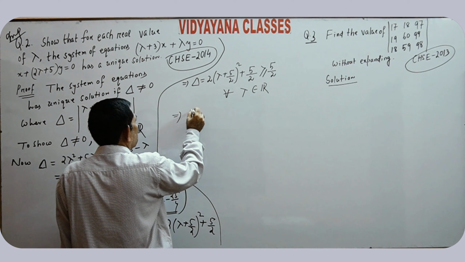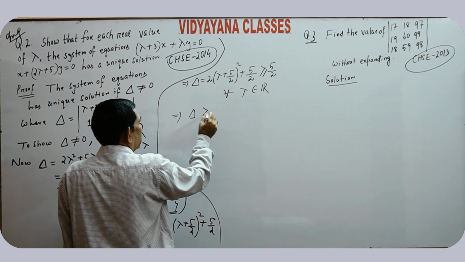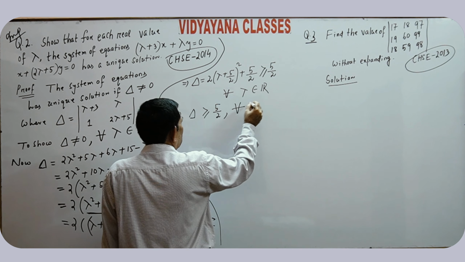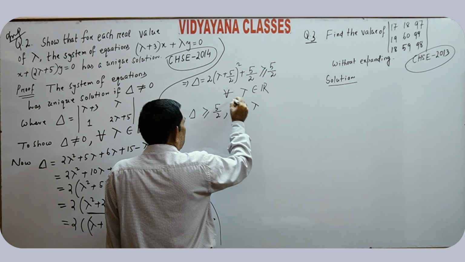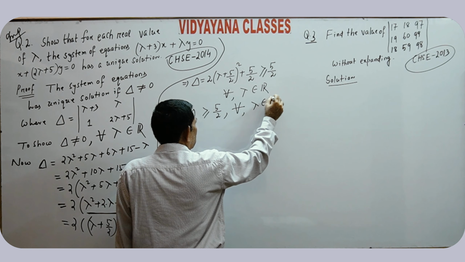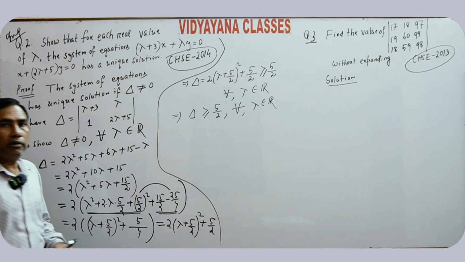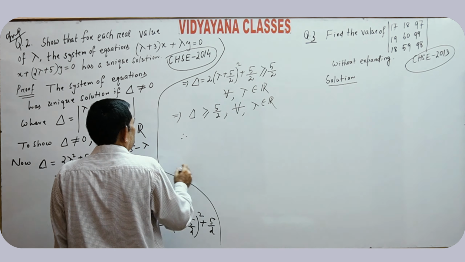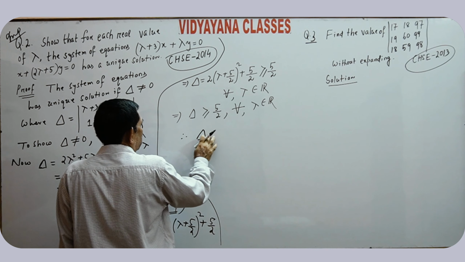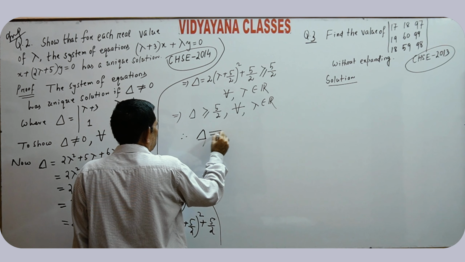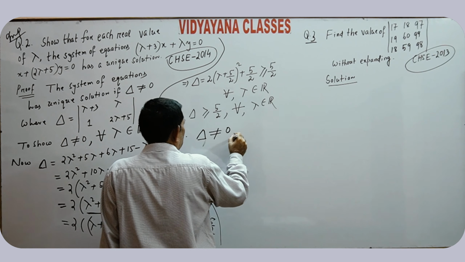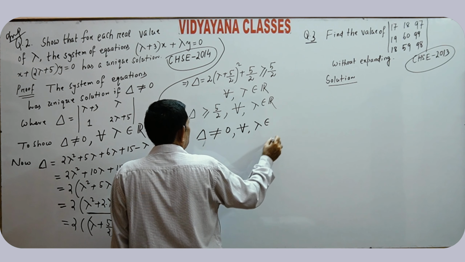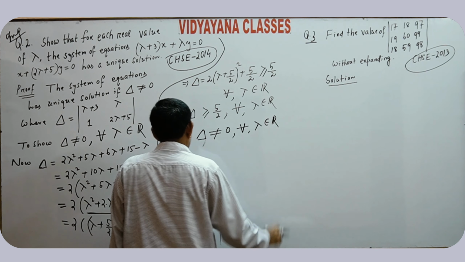Implies del greater than equal to 5 by 2 for all lambda belongs to set of real numbers. Therefore, del not equal to 0 for all lambda belongs to set of real numbers.